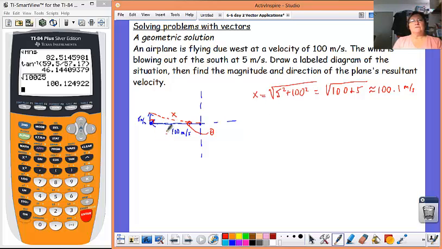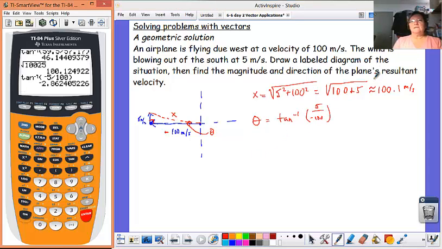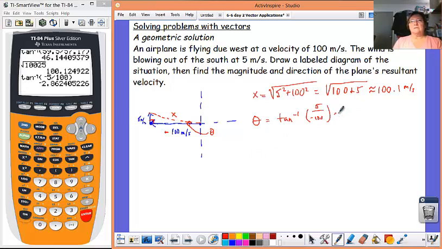To find the direction of that velocity, well, that's a tangent inverse of this thing. I would remind you folks that this is going in the westerly direction, so really that's negative. The angle that we need will be the tangent inverse of opposite 5 over adjacent negative 100. And it says that that angle is about negative 2.86 degrees.